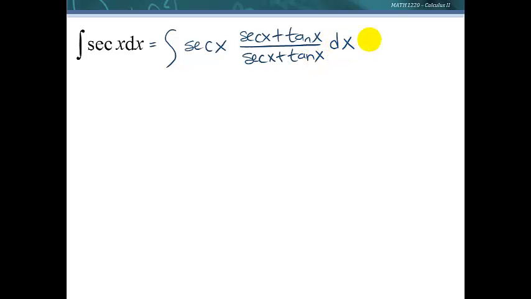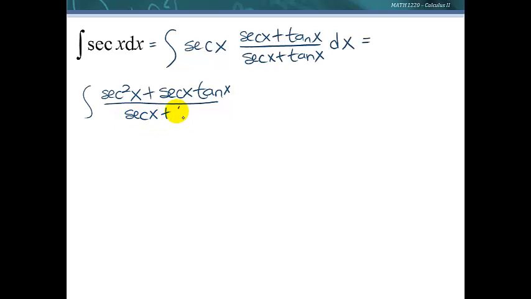Okay, now why would we do that? Well, let's see what happens, and then it will become apparent in a minute. So in the numerator, we're going to have secant squared x plus secant x tangent x, and in the denominator we've got secant x plus tangent x, and then dx.